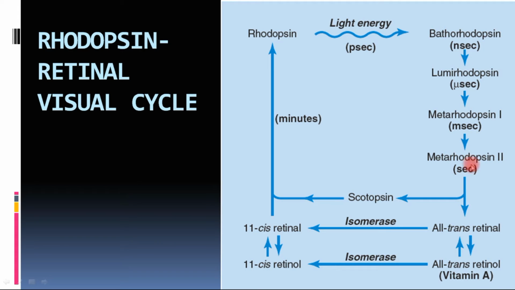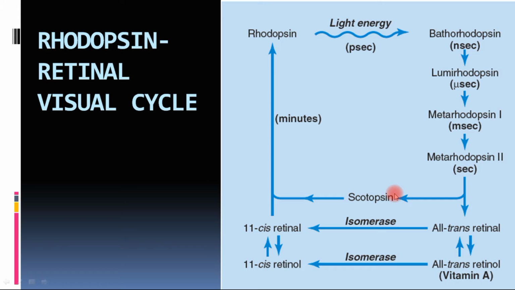The intermediate byproducts are the intermediate products of that cycle. That means rhodopsin does not directly get converted into all-trans retinal. Rhodopsin gets converted into bathorhodopsin, lumirhodopsin, metarhodopsin 1 and metarhodopsin 2, and then all-trans retinal splits from scotopsin.